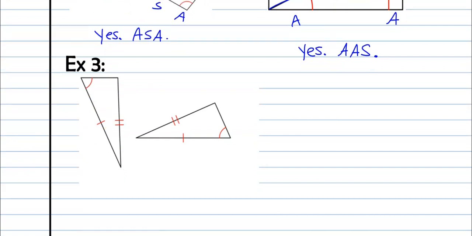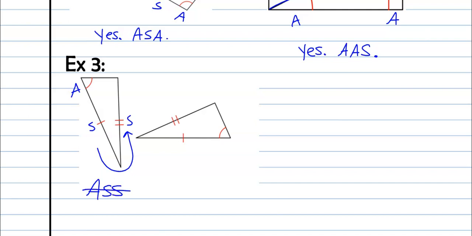And then example 3, these ones are not connected. So I am going to look at what we have. If we go in order, it looks like we have angle, side, and then we're looping around over here and we have another side. Okay, so it's not a side angle side. It's not an angle side angle. It's an ASS, which is not a thing, and that's going to come up in the next lesson as well. It doesn't work.